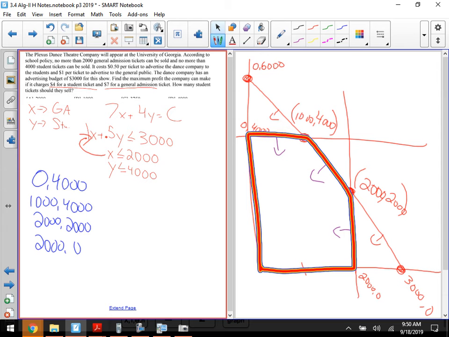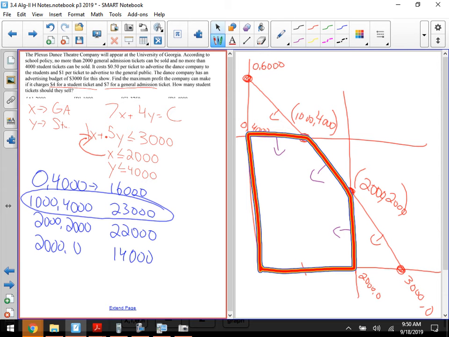Let's see, the first one would be 16,000, if I'm not mistaken. 7,000 plus 16,000 is 23,000. 14,000 and 8,000 is 22,000. And then the last one will be 14,000. So I'm getting a maximum value of 23,000.